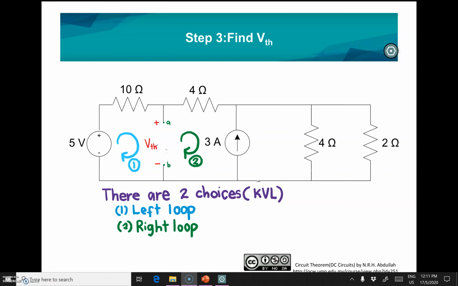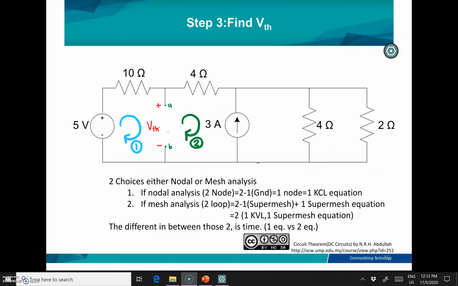Either you can do a KVL equation at the left loop or at the right loop, and the answer will be the same. There are two choices, either nodal or mesh analysis. In nodal analysis, there are 2 nodes, so 2 minus 1 for the ground is equal to 1 node only, which means 1 KCL equation.